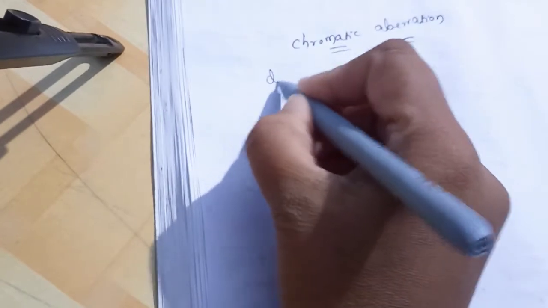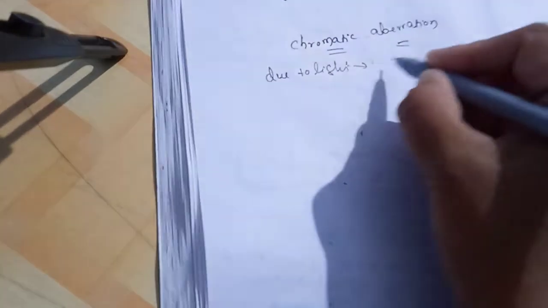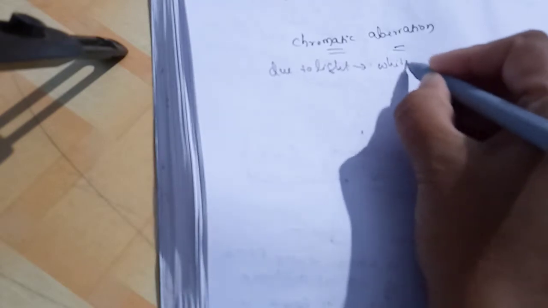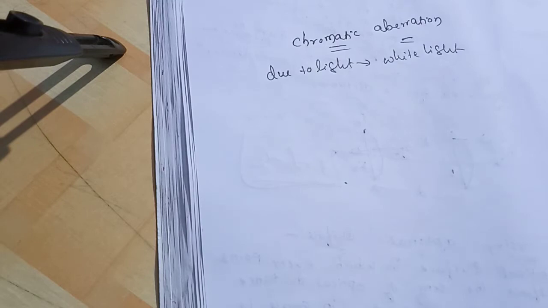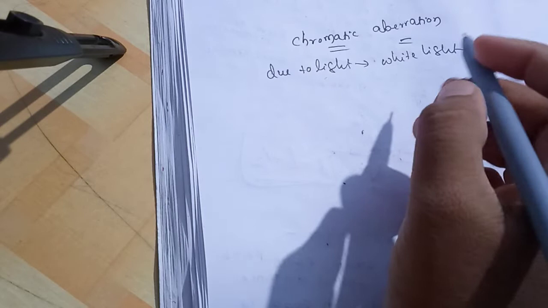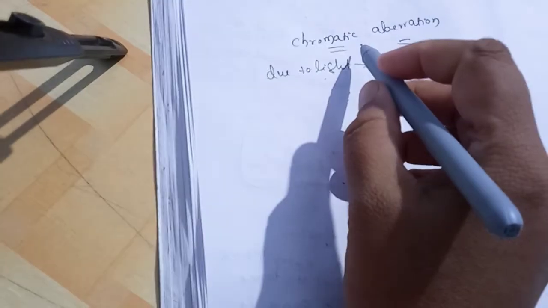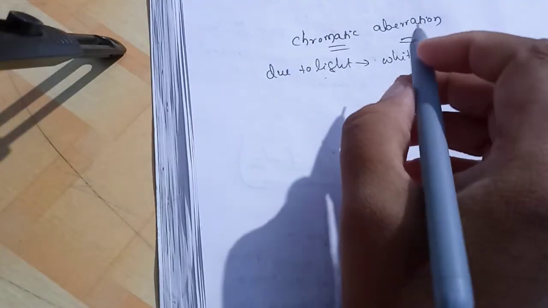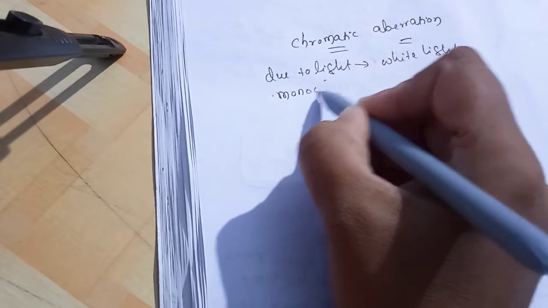Now then, why are these defects produced? These defects are produced due to light. Here, if we use white light, we get a multicolored image. That defect we call chromatic aberration. Now, with white light we got chromatic aberration. Now let us use monochromatic light.